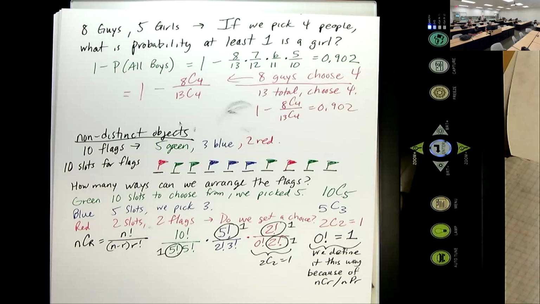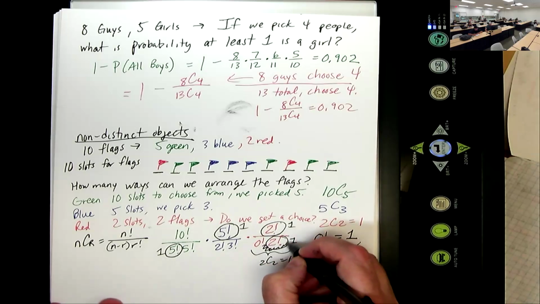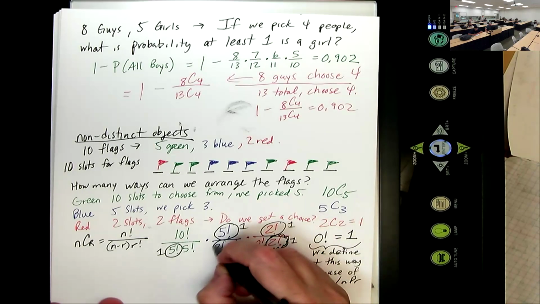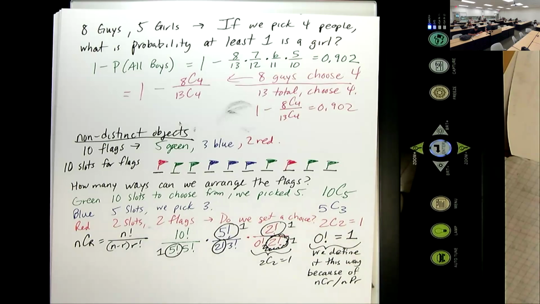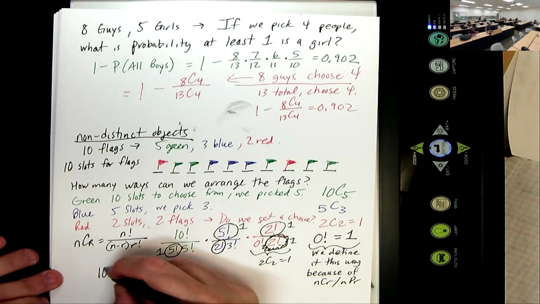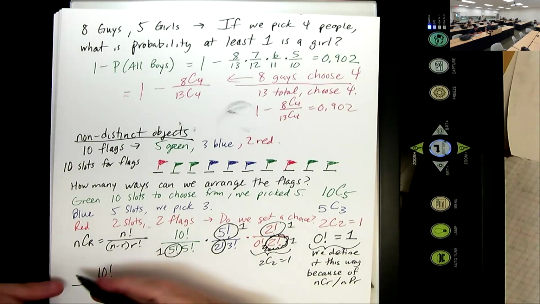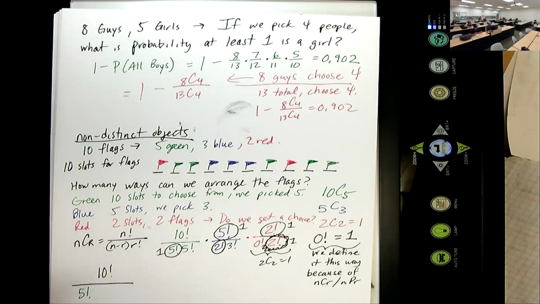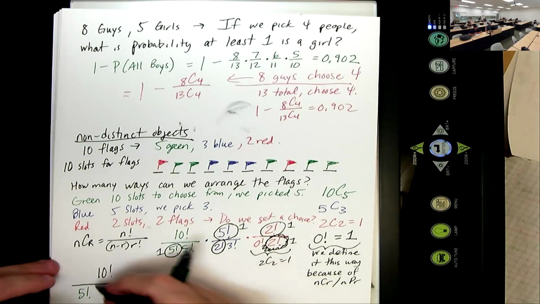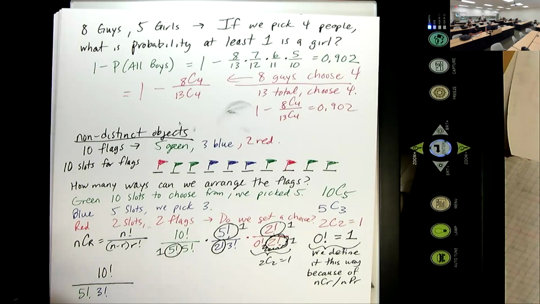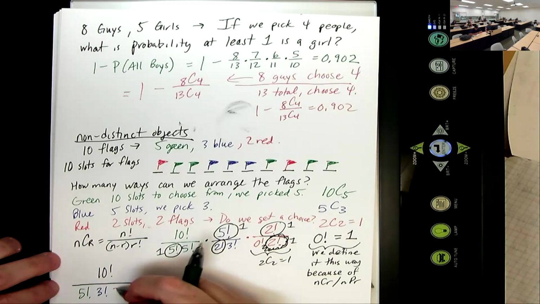You know what, better yet? I'm gonna choose that 2 factorial, so that I have 10 factorial on top. On bottom, I have my green 5 factorial, I have my blue 3 factorial, and I have my red 2 factorial.